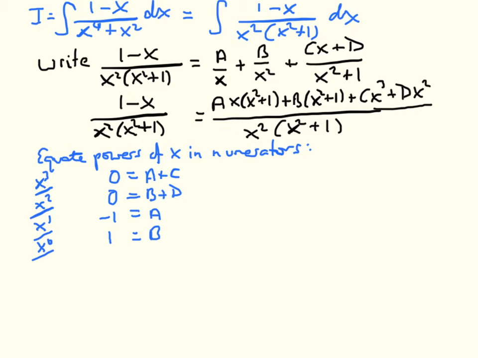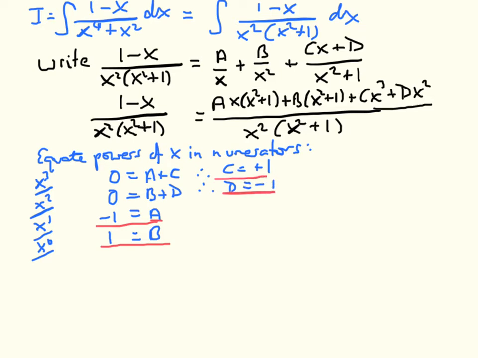So we've got a result for a, a result for b, and then from the other two equations we can read off what c and d are. A plus c is 0, a is minus 1, so this tells us that c is equal to plus 1. B plus d is 0, b is 1, so therefore d is minus 1.